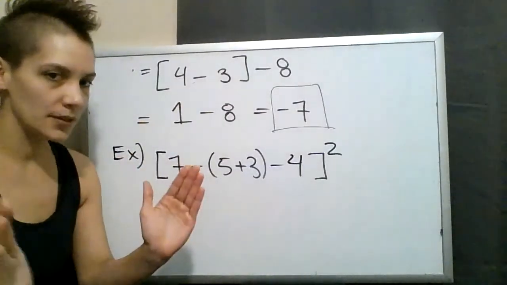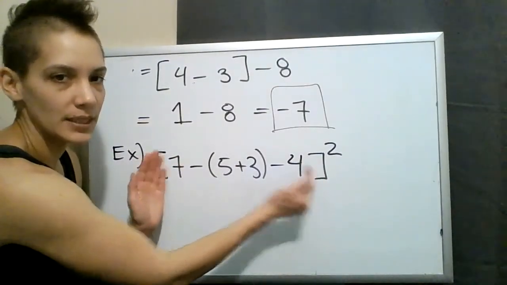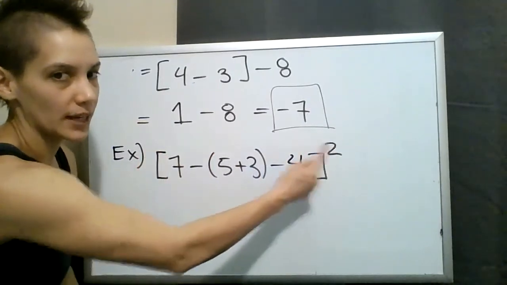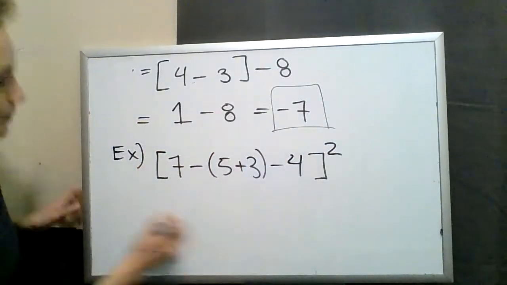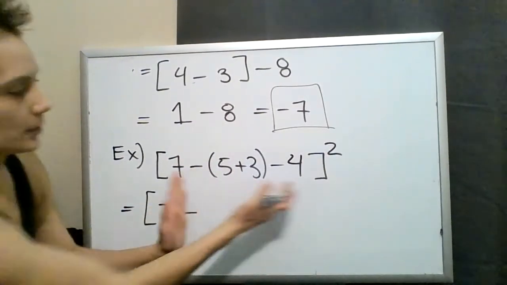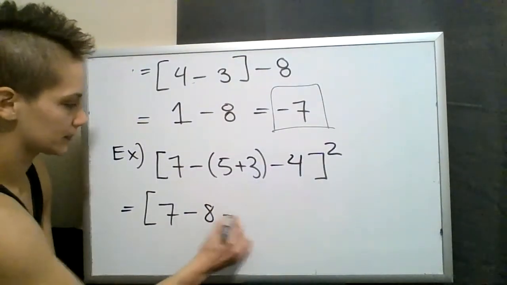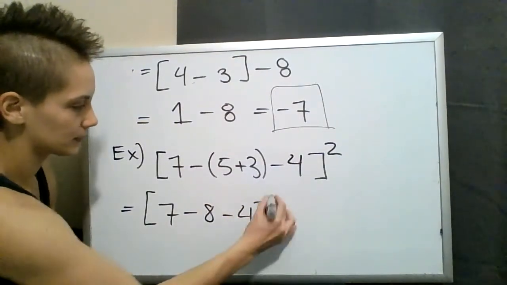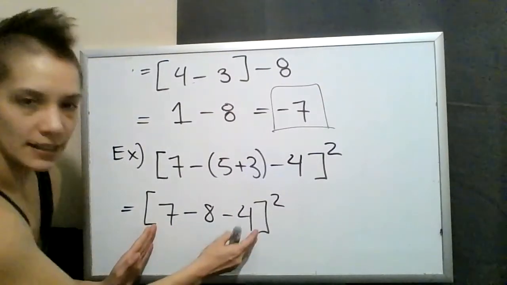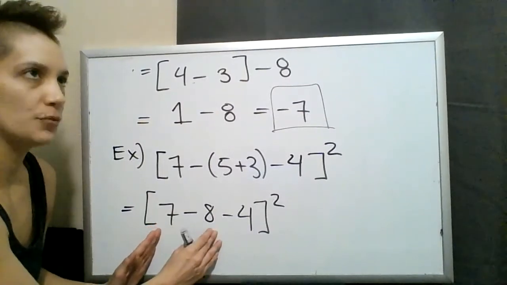So it's parentheses first and then exponents. We're going to work here, and after we take care of these parentheses, we can do the exponent. First, we want to put together 5 plus 3. And in here, we're going to take 7 minus 8, so we're at -1.